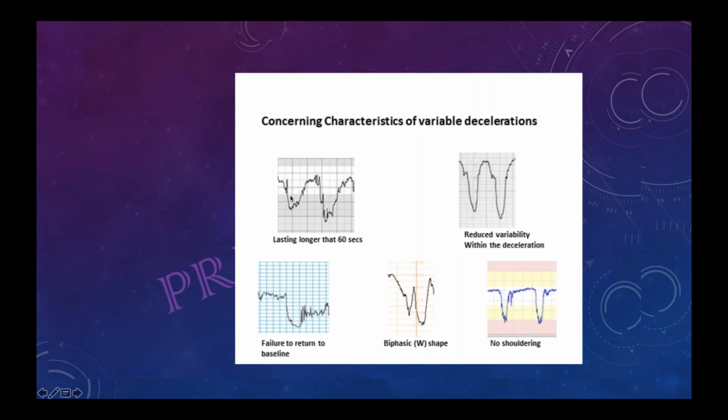From the start to peak it is less than 30, so it is variable. Now the recovery is slower. You can see this is the recovery. It is taking more than 1 minute. Are you getting it? Yes, ma'am. I got it.